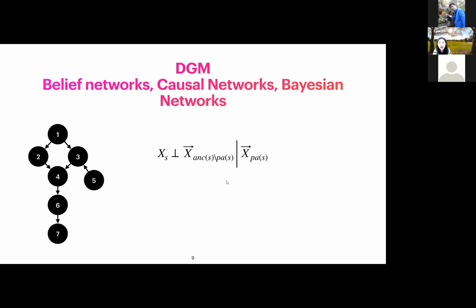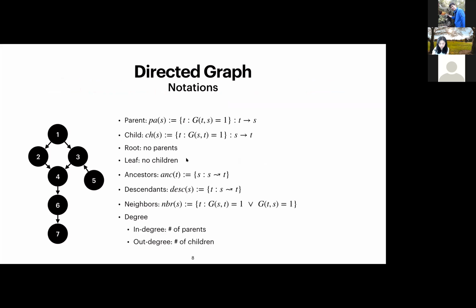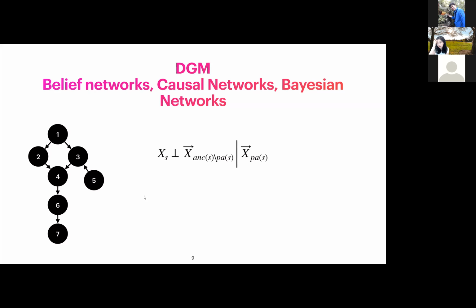We block the path from S to other nodes. So this has to be ancestors. It is very important to notice that this is the ancestors, not the descendants. Do you see why? I hope that's clear.